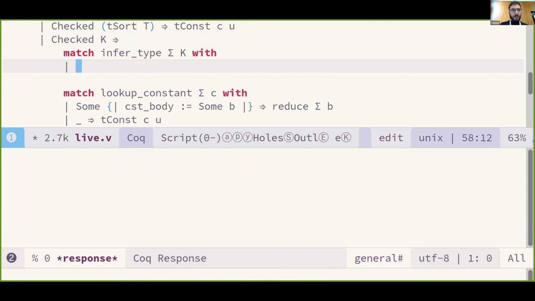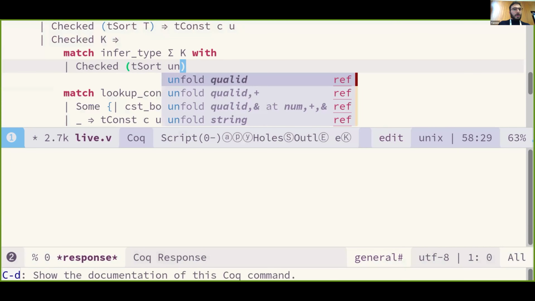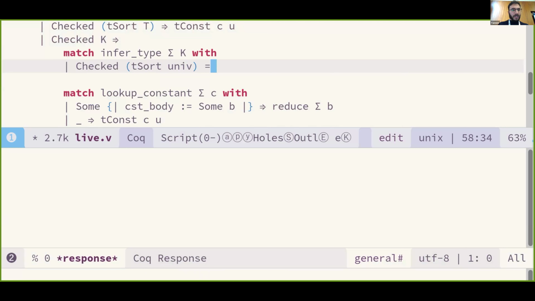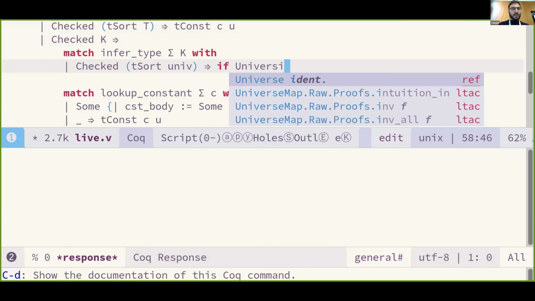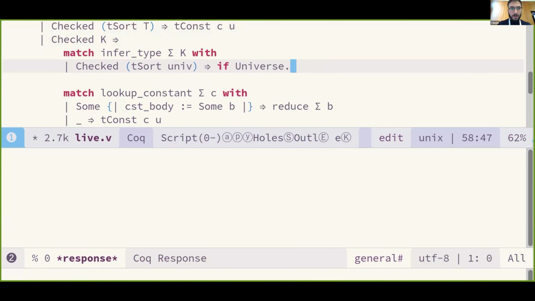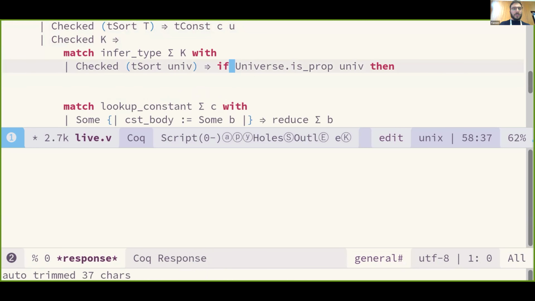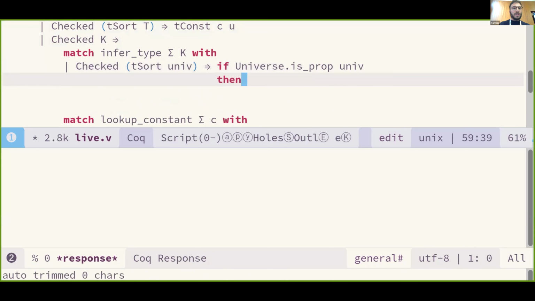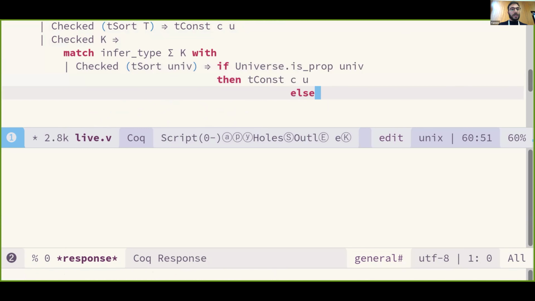And if this is now going to be T sort some universe, then we check whether this universe is a propositional universe. And if that's the case, then we change nothing. So we still return T const CU because we do not want to change propositional constants.